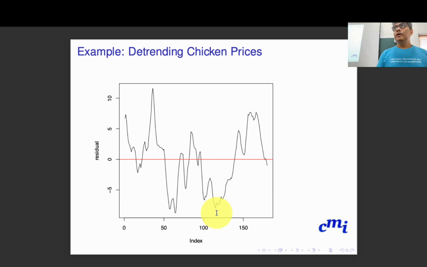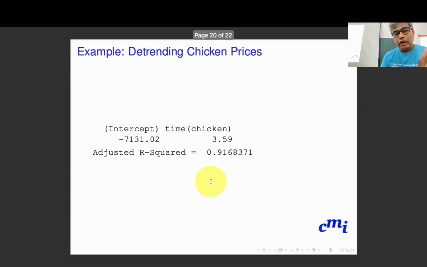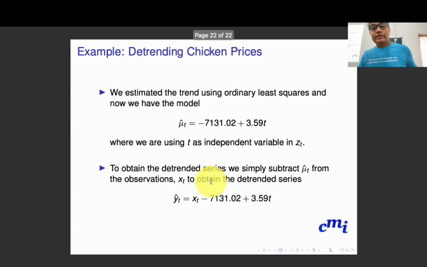All you have to do is fit the model, get beta naught and beta 1 using lm, and get the fitted values. Once you have the fitted values, subtract them from the observed values and you get the residual process. Plot that residual process, and this is what you will get. This is definitely a mean stationary process. It might have a strong autocorrelation, but it is a mean stationary process.